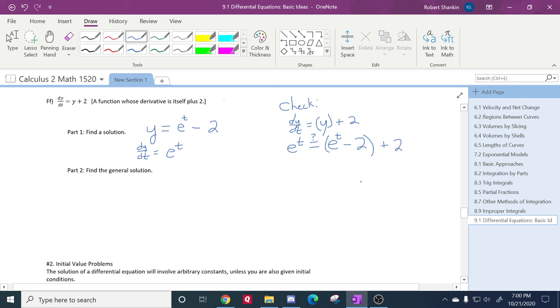Plus 2, and dy dt, is it the original y plus 2? Plus 2 and the minus 2 cancel each other out. And does this thing check?